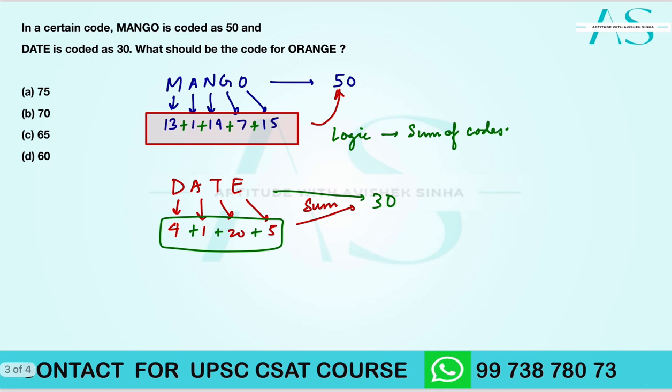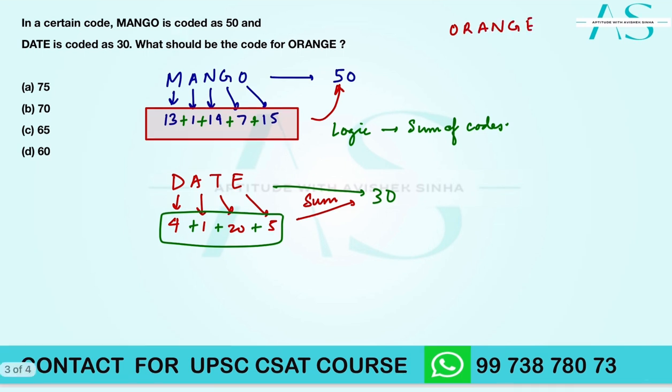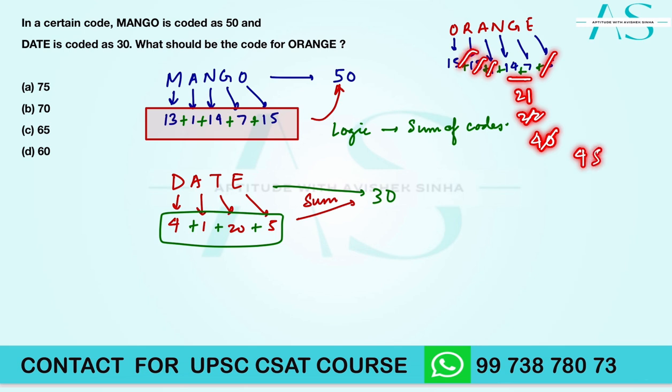Now, what if the question is for ORANGE? We have 15, 18, 1, 14, 7 and 5. Let's add all of them. 21, 1 is 22 and 18 is 40, 45 and 15 is 60. The sum here is 60.